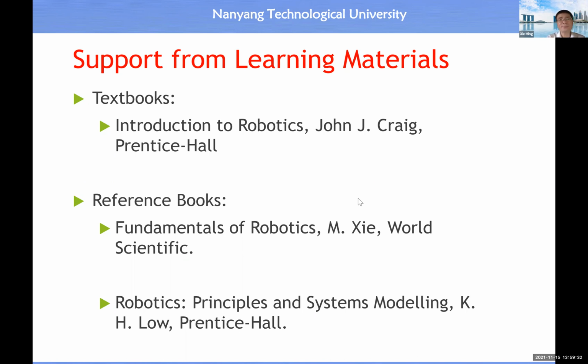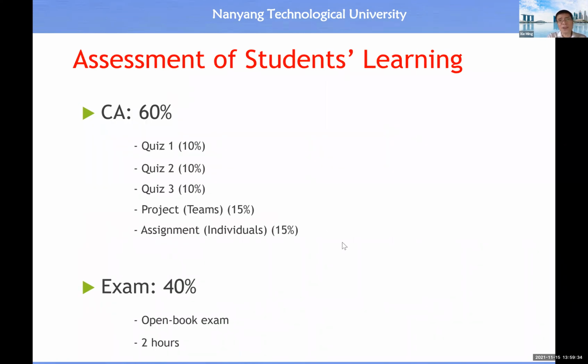All right. And the last question you may have in mind is about the way for us to assess your learning outcome. For this course, the final grade will have 2 components. One is CA, the other is final exam.